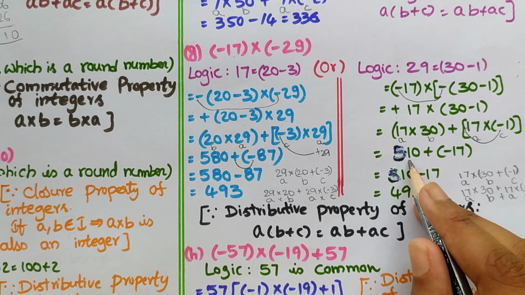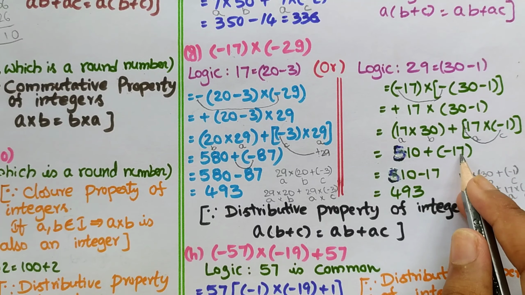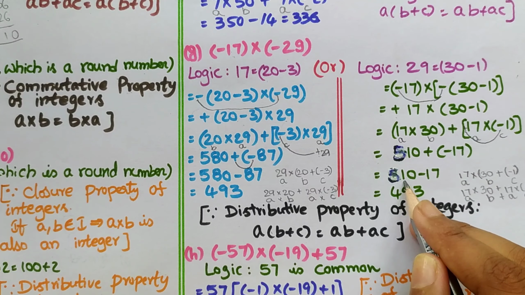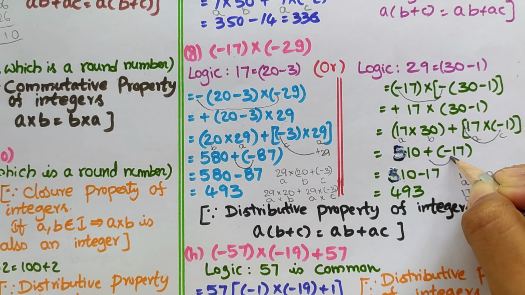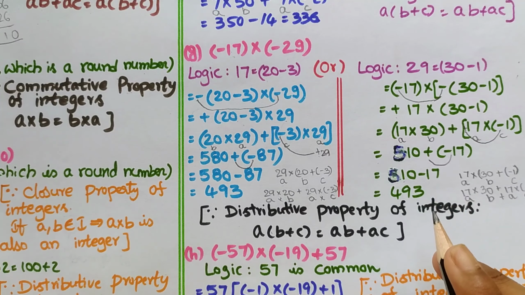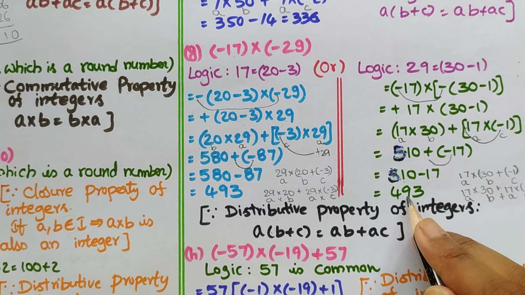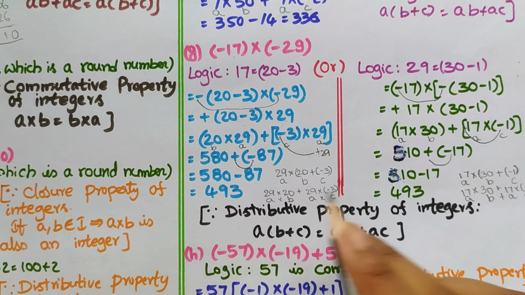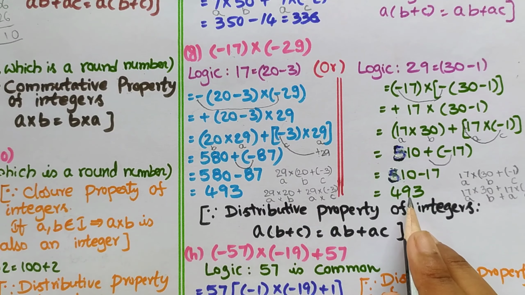Now 510 plus of minus 17, that means 510 minus 17. 510 minus 17 is 493. See here we got the same answer, 493 is equal to 493.